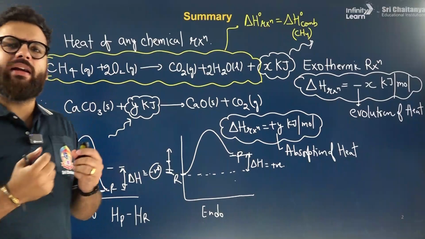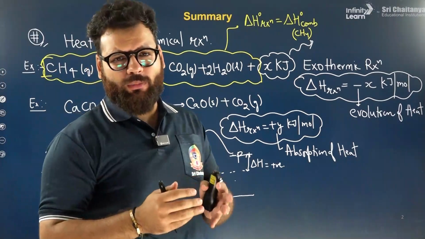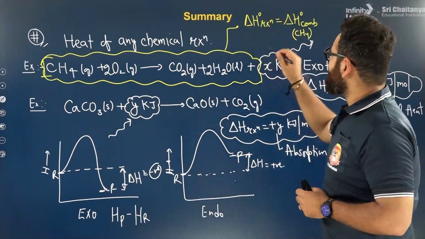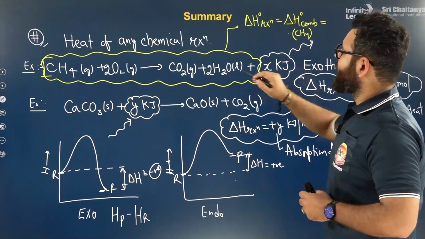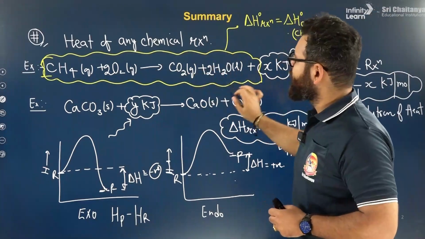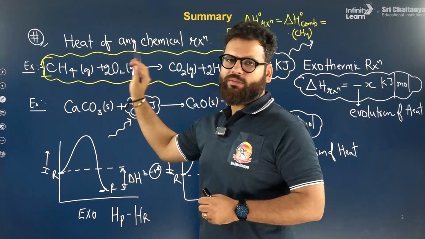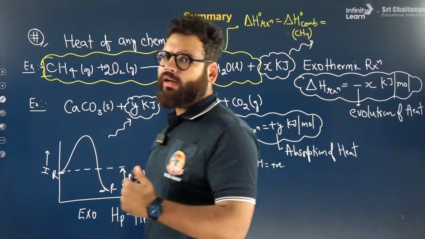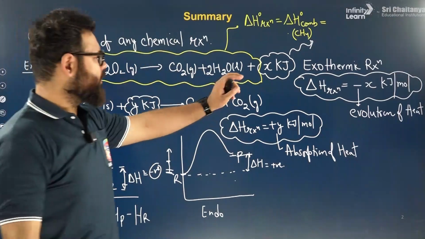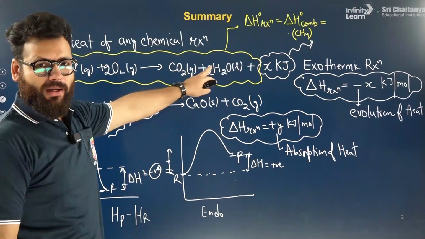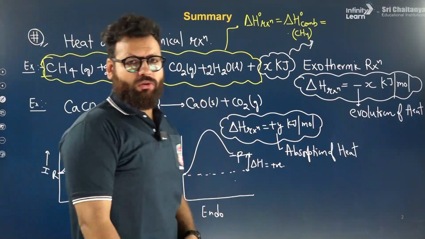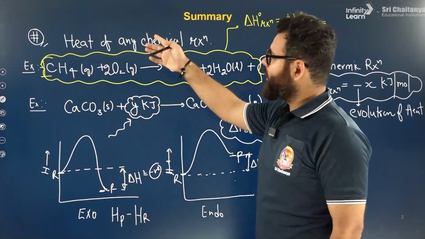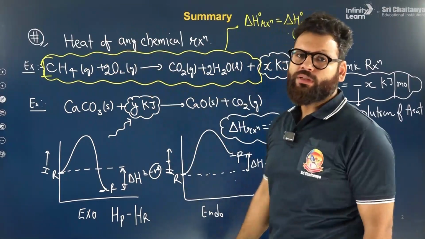I can say that delta H of any reaction is delta H formation of product minus the delta H formation of reactant. So I can say this combustion is nothing but formation of these things minus formation of these things. Is it clear? What will you write it as? You tell me. You will write it as 2 times formation of H2O plus 1 time formation of CO2 minus 1 time formation of CH4, and this is 0 because oxygen's formation was 0.